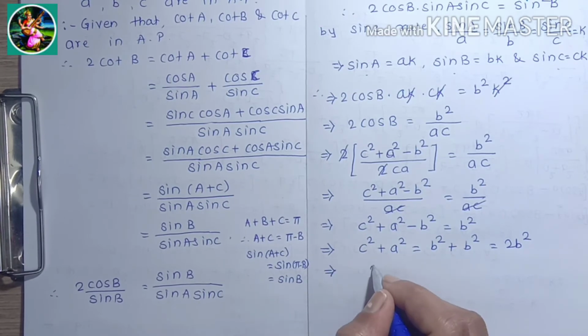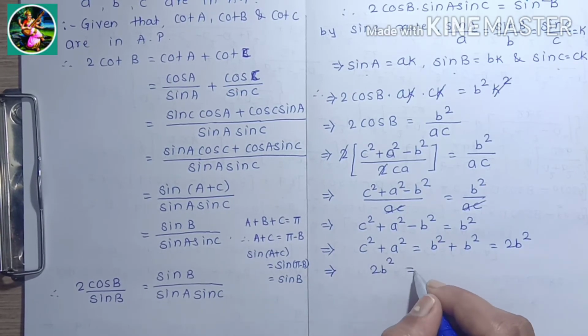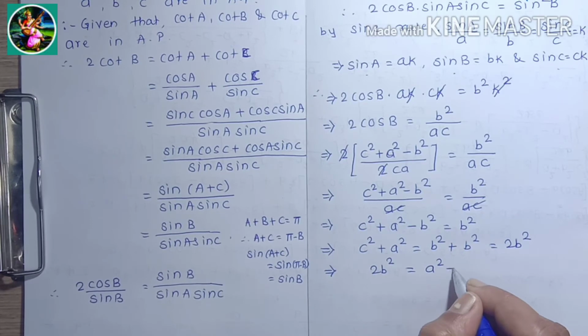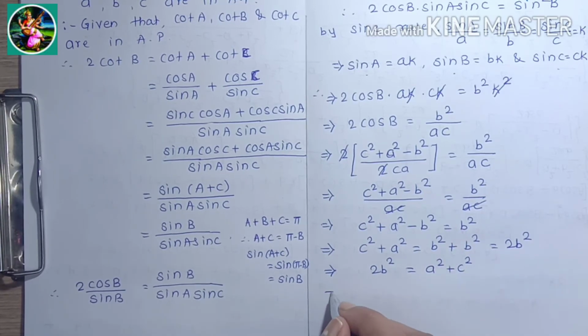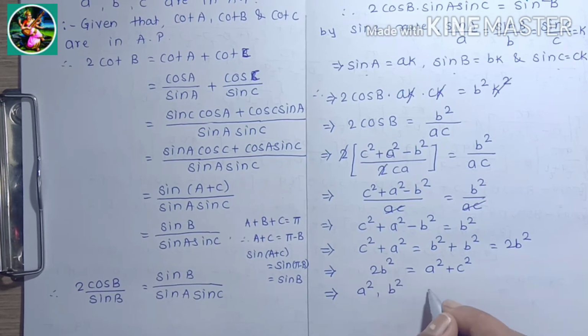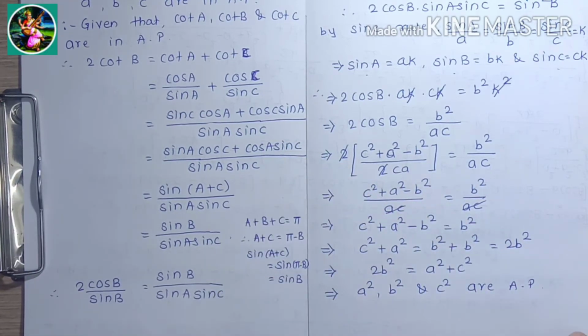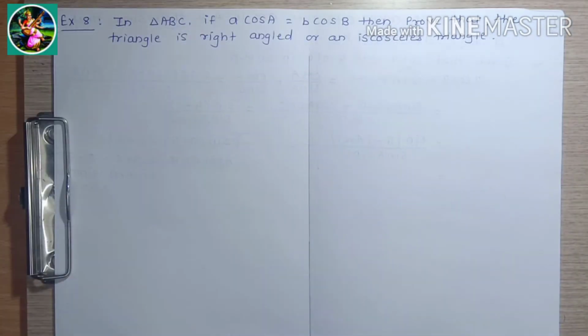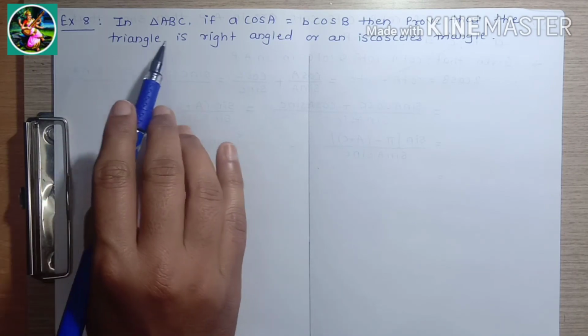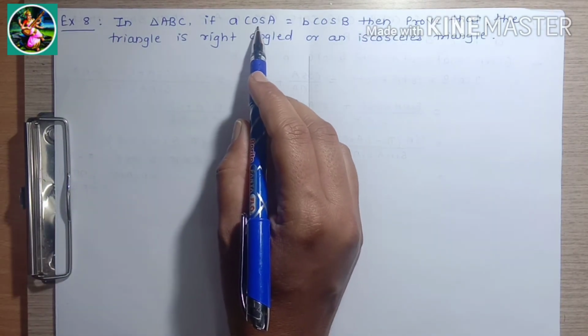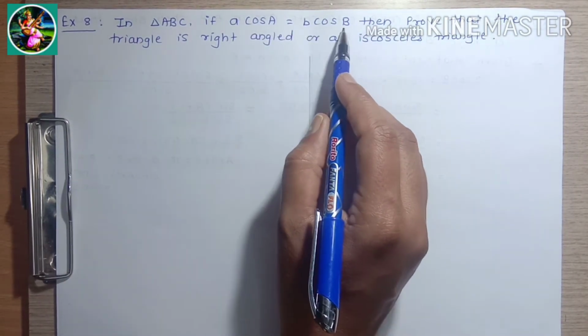It will give 2B square is equal to A square plus C square. That shows that A square, B square and C square are in arithmetic progression. Hence we proved.